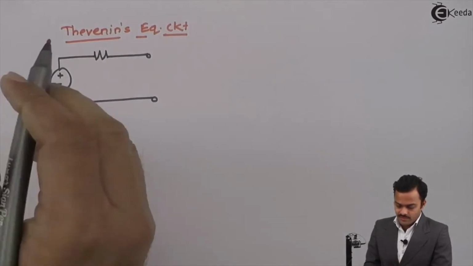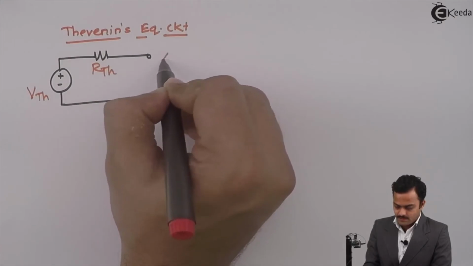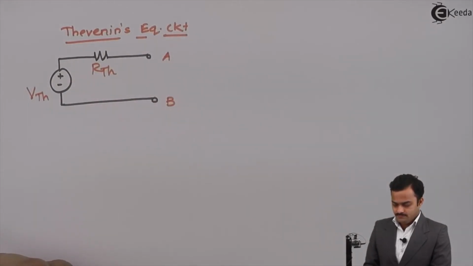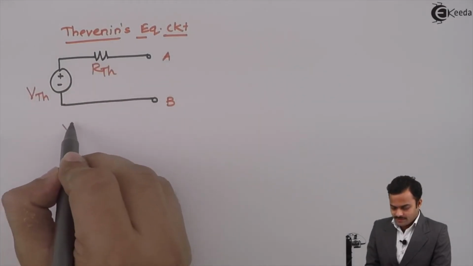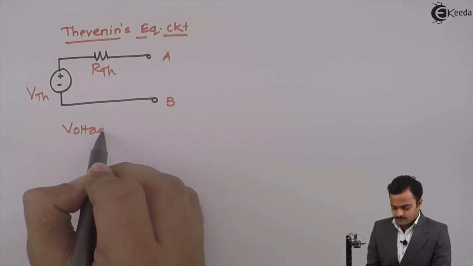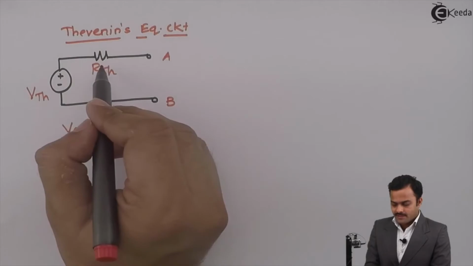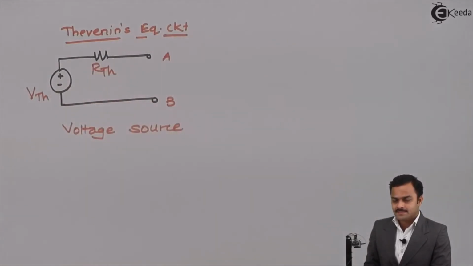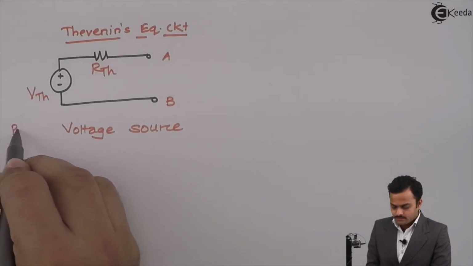So here a Thevenin's voltage VTH, Thevenin's resistance RTH, A and B points as it is. Now if you see properly, it's nothing but a voltage source, since it is having a resistance with it, which we consider as an internal resistance of this voltage source, so it is a practical voltage source.